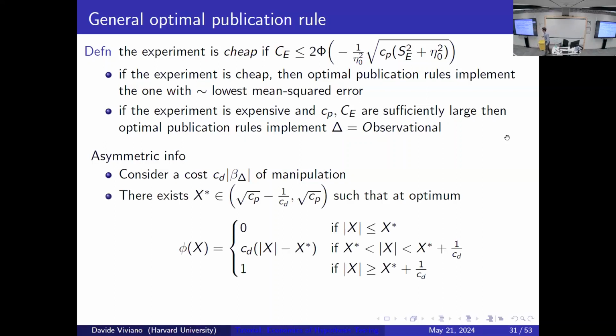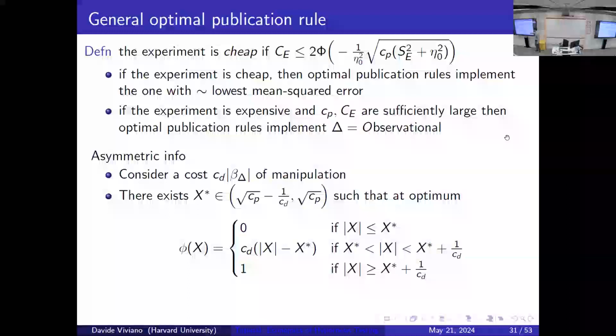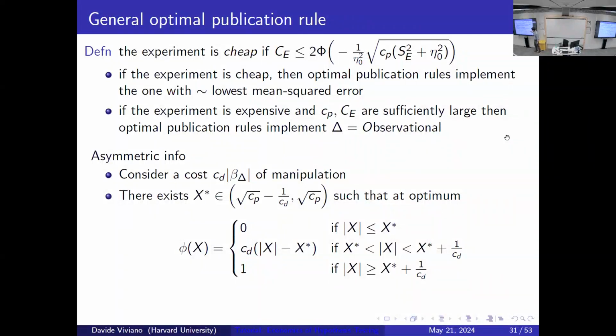So in this framework, there's going to be an X star, so that I'm not going to publish your experiment if X is below a certain threshold. I'm going to publish if X is above this threshold plus 1 over the cost of hacking the experiment. And then there's going to be a middle ground where I randomize.